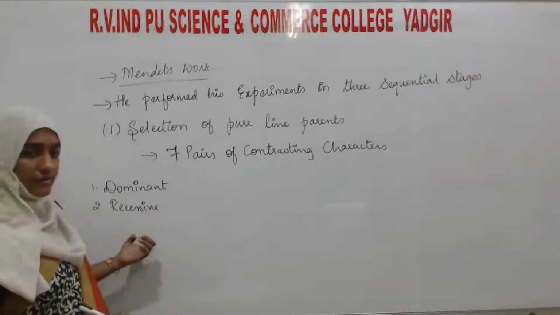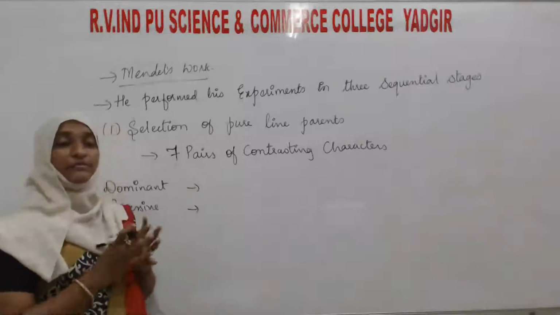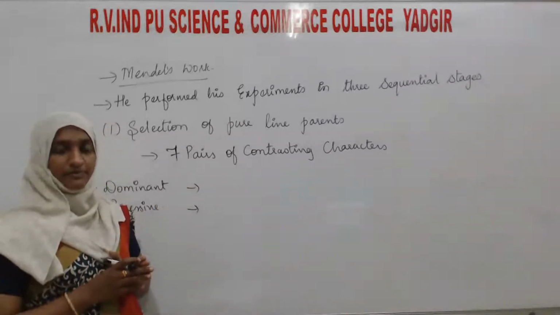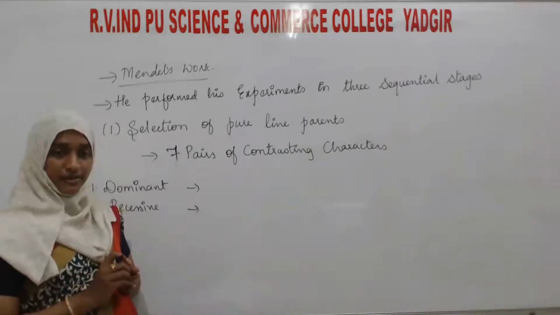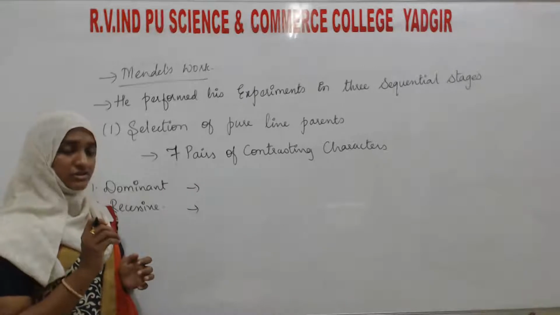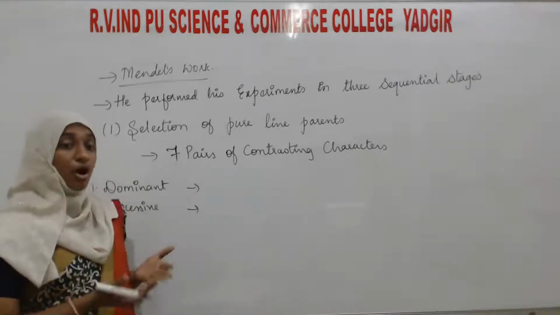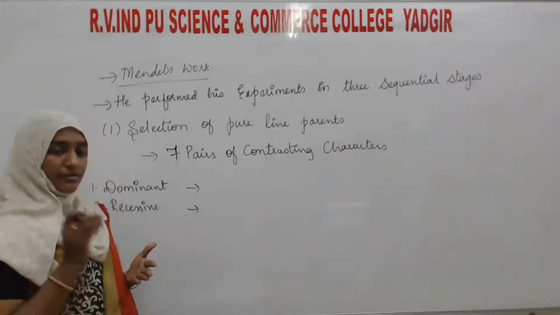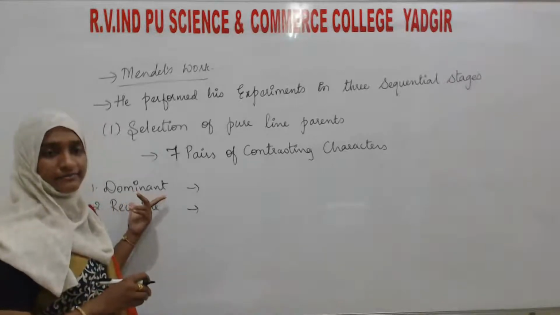Okay, here you see, characters are coming from where? From the genes. Some of the genes are going to show their characters. They are dominant. They are expressing their characters. Such types of characters are known as dominant characters.